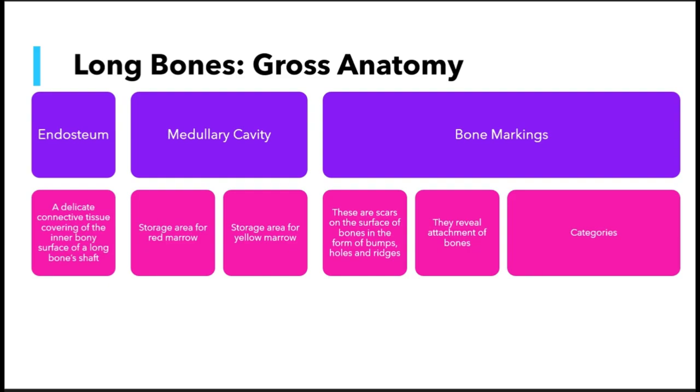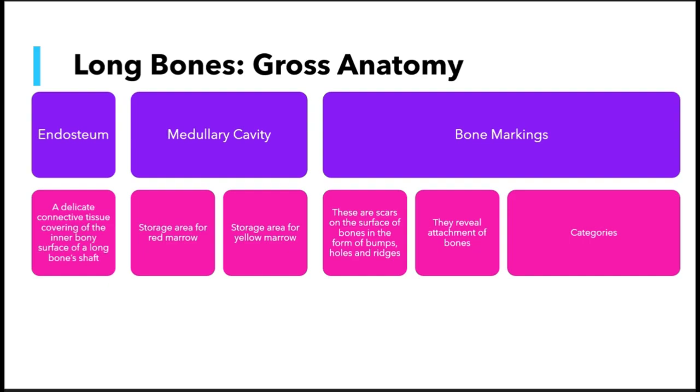Next, bone markings. Bone markings are classified according to categories. The categories include your projections, or also known as processes, and another category is depressions, also known as cavities or indentations in the bone.